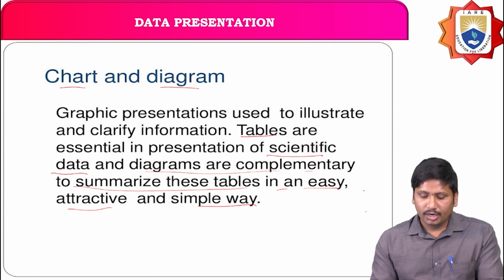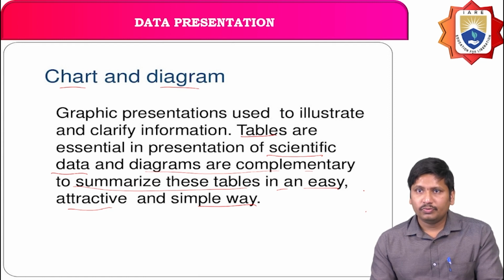So these are the advantages of charts and diagrams. Charts and diagrams are used for graphical presentation of data to illustrate and clarify information, tables are essential only if you present the scientific data, and diagrams are used to summarize the tables in an easy and attractive way.